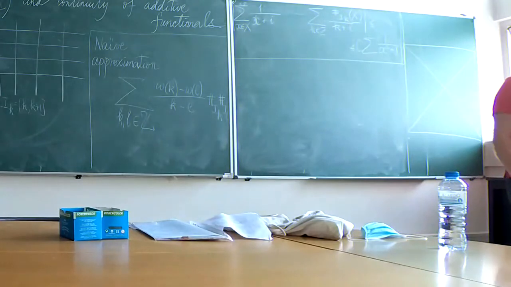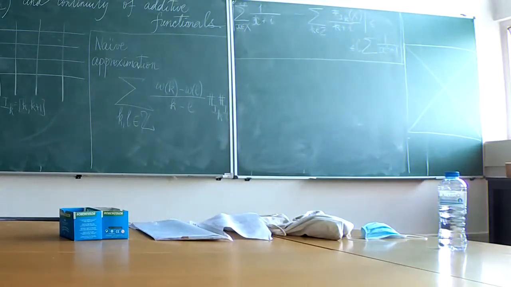Does this make sense? Because at each x, I subtract the value at k, so I get something like this per 1, because the difference between x and k is less than 1, right?